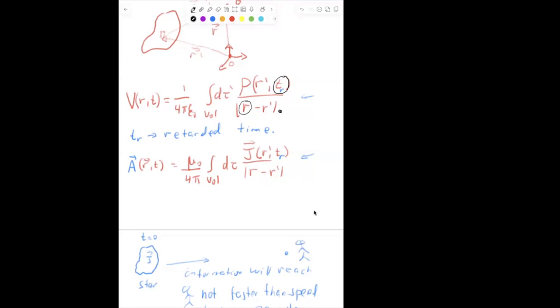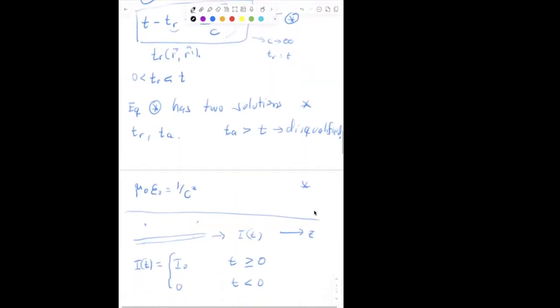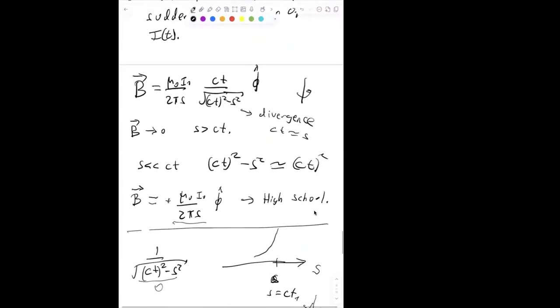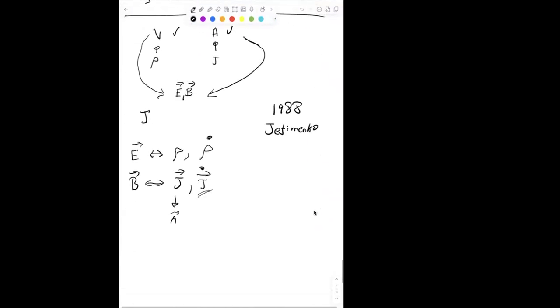So instead of taking the div with respect to r, you take the time derivative, and then you need also the time derivative of t_r with respect to r. It's a kind of Jacobian. And this gives you the time derivative of rho that enters eventually in these horrible equations of Jefimenko, that you need both rho and rho dot, and similarly for J and J dot.